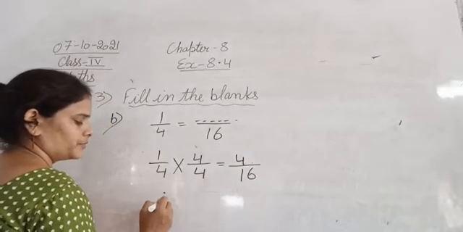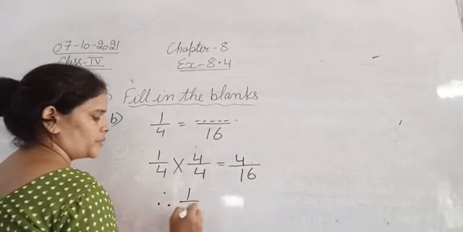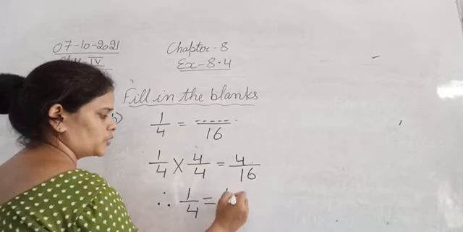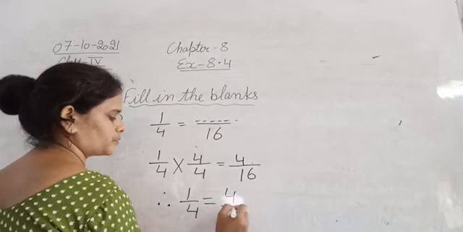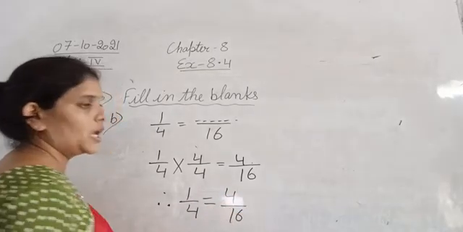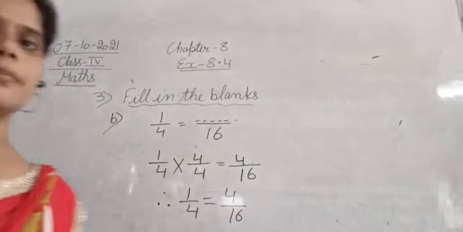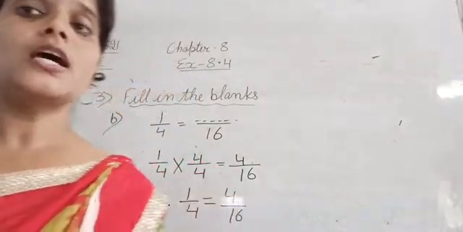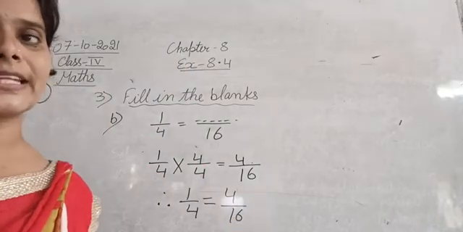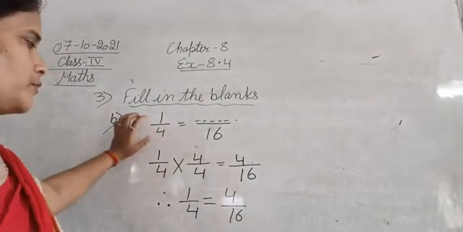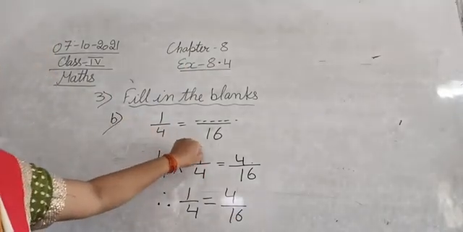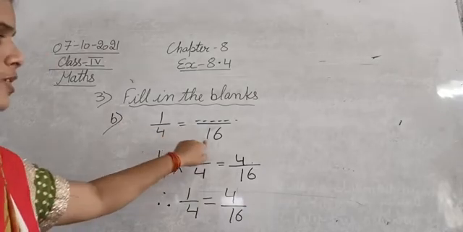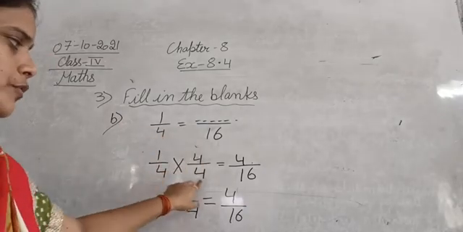Therefore, 1 upon 4 is equal to 4 upon 16. If we are given either the numerator or the denominator, we can easily find the other one. So 1 upon 4 was given and this denominator was 16. For going from 4 to 16 we have to multiply 4 with 4.